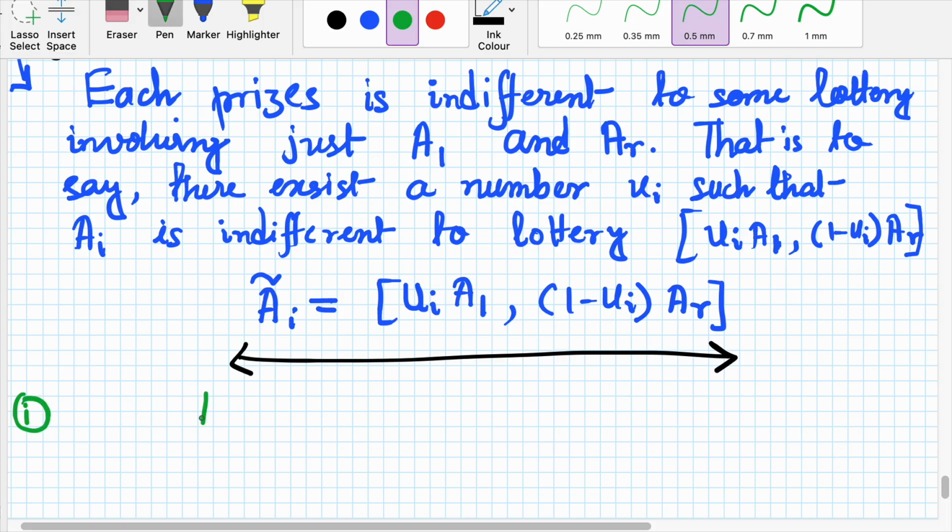Since we know that AI is in between A1 and AR, A1 will surely be preferred over AI, and AI will be preferred over AR. Okay, I wrote it the wrong way; I should write it in this way: A1 is preferred over AI, and AI is preferred over AR.